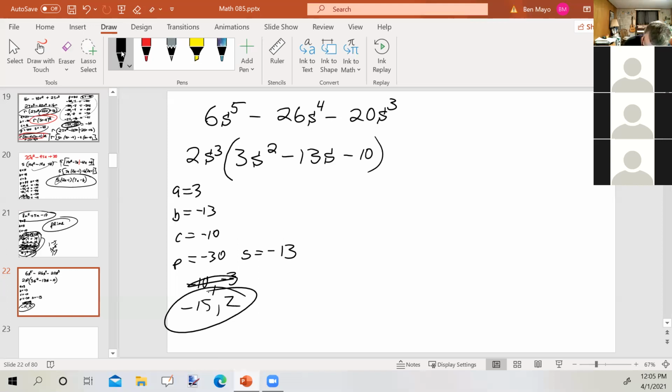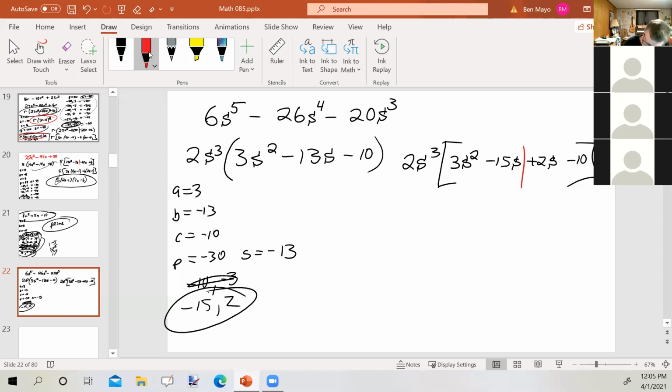Okay, so now what have we got? We've got 3s squared minus 15s plus 2s minus 10. Okay. So split it up.